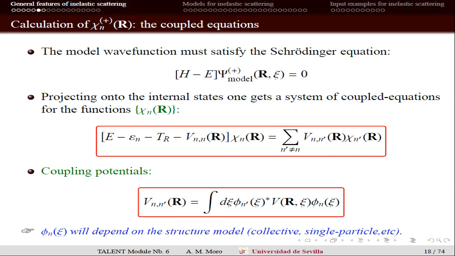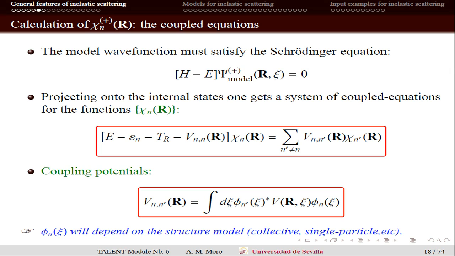We multiply this equation on the left by the conjugate of this function, and we integrate in the internal coordinates, the psi coordinates. So for each of these internal states, we get an equation of this kind. So imagine that we have multiplied by the internal function n. So this is the equation that we get.